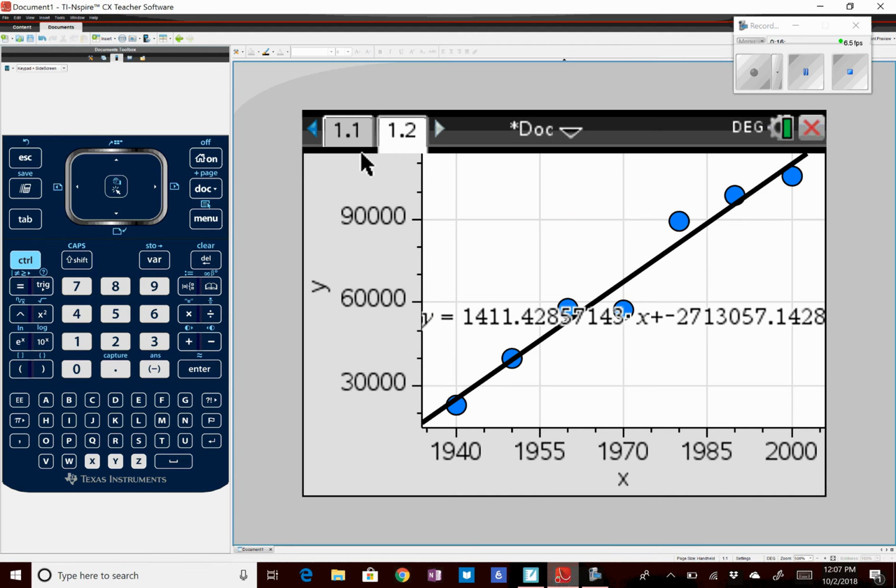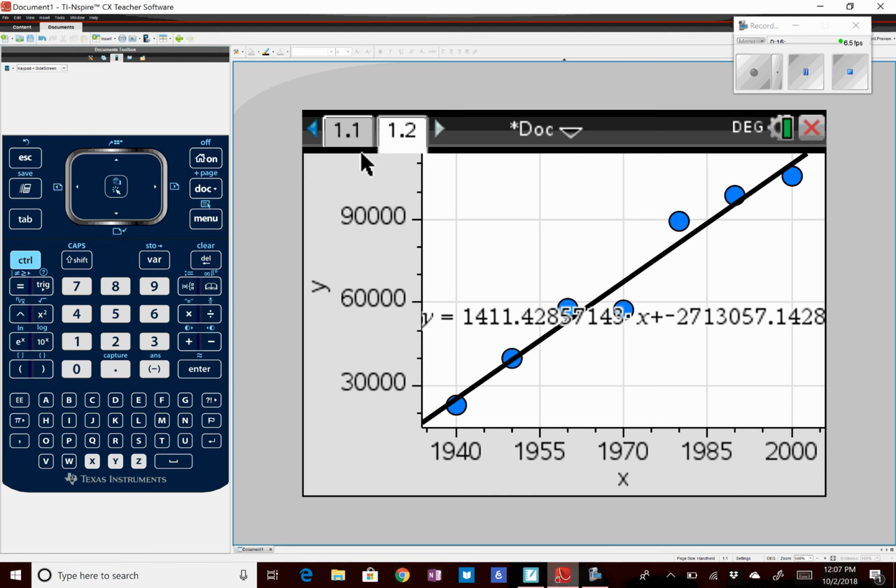Okay, so now if we're going to predict what the price will be in 2020, we're going to put 2020, the year, in for X. And then we just have to calculate that.